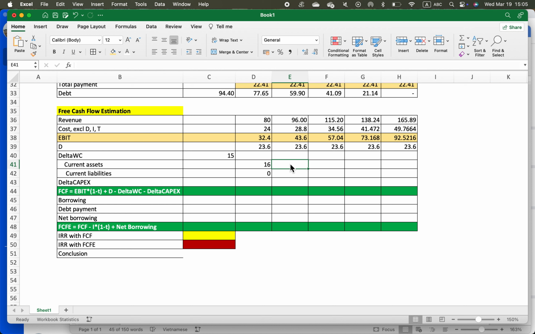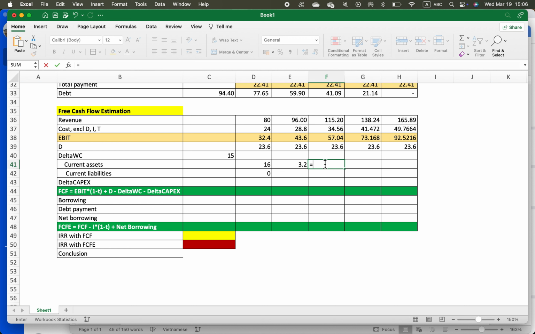Next we'll have the same 20% of revenue in here. Oh, sorry. So this one is 20% of revenue, but then we get back 16 from the previous year, because in the next year we collect the account receivable of the previous year. Okay, the same with this one.